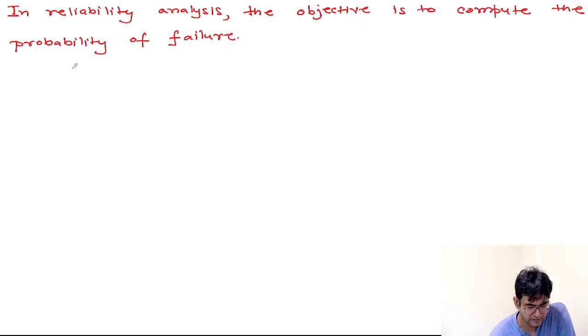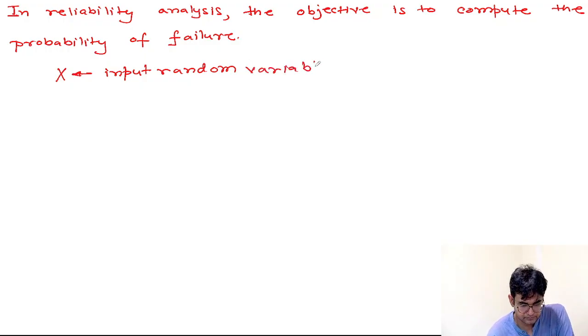So first of the things is, let's say x, and x denotes my input random variable. And then you might have multiple of these variables. So therefore x is generally x1, x2, and you might have k such variables.